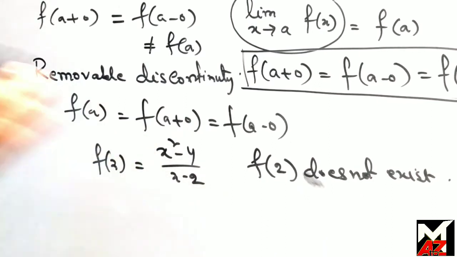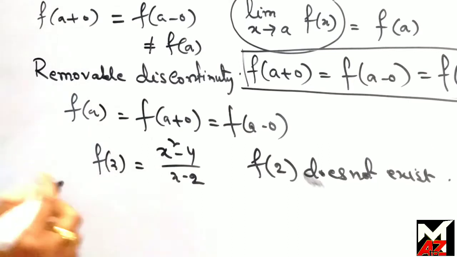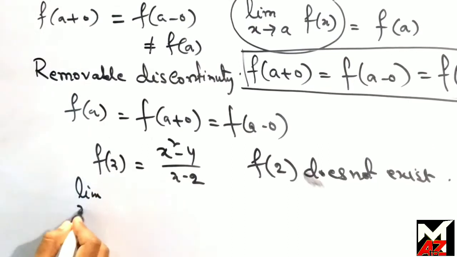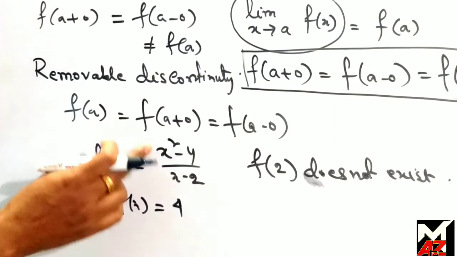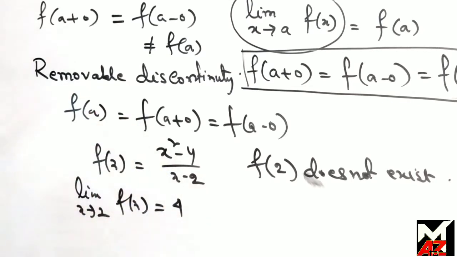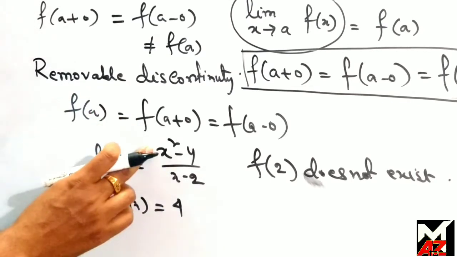But limit x tends to 2 f(x) is 4, because x minus 2 cancels from numerator and denominator, and the only left factor is x plus 2.